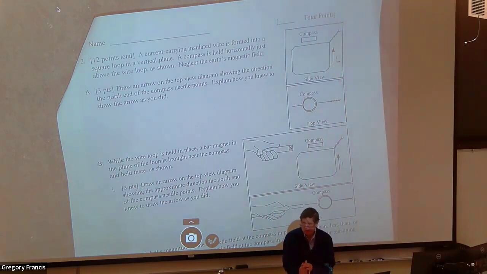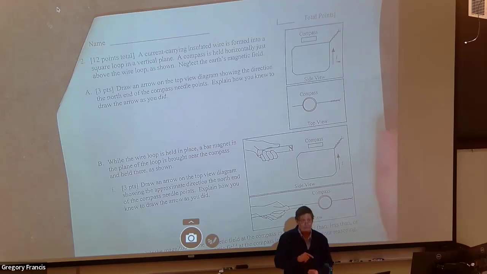And here's where the problem's a little tricky, because if I put that compass in the center of the loop, it would line up with out of the page. But I didn't. I put it on top of the loop. And remember, since the loop acts like a bar magnet, the field lines come out of the north and then wrap around to get back to the south.